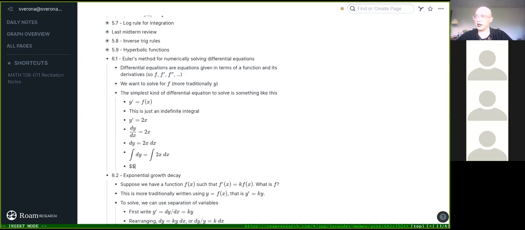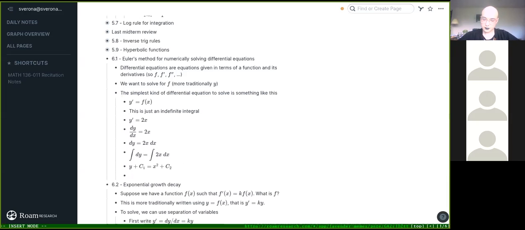On the left side, I have integral of 1, basically. And that's going to be y plus a constant. And then on the right side, I'm going to have x squared plus a different constant. So I have a constant of integration on each side here.